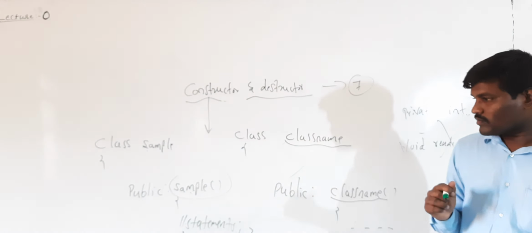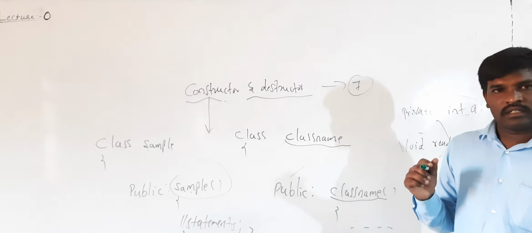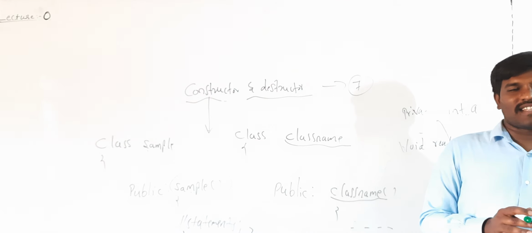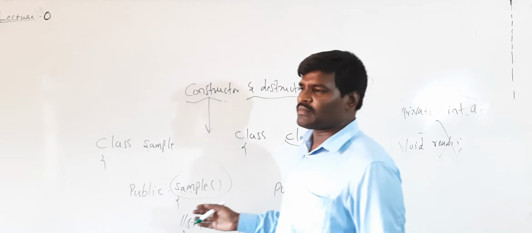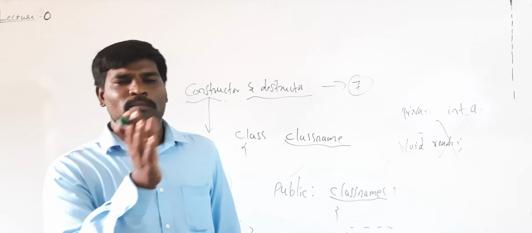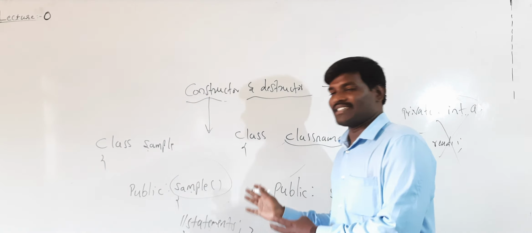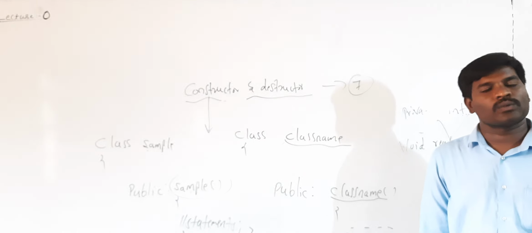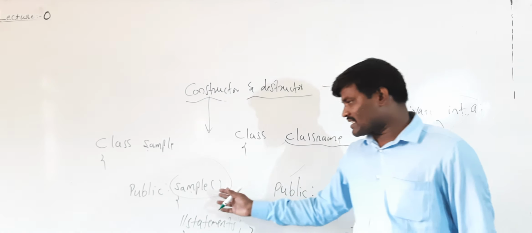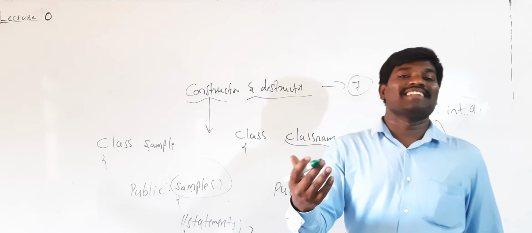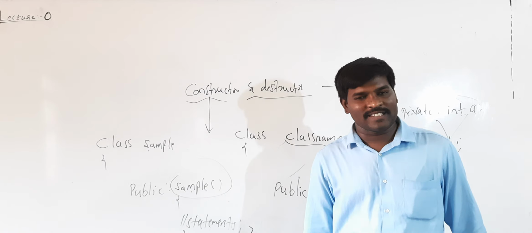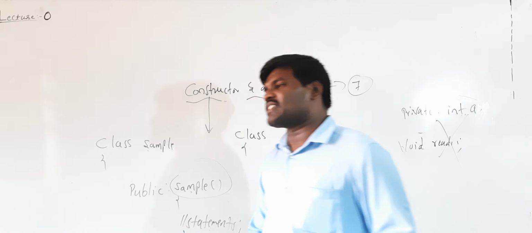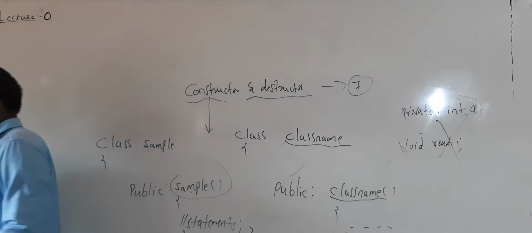Fourth one is, constructors can be overloaded. Overloaded means in a single program it is possible to define more than one constructor. That is also one rule. And constructors cannot be inherited. So what is inheritance? Inheritance means acquiring the properties from one class to another class.